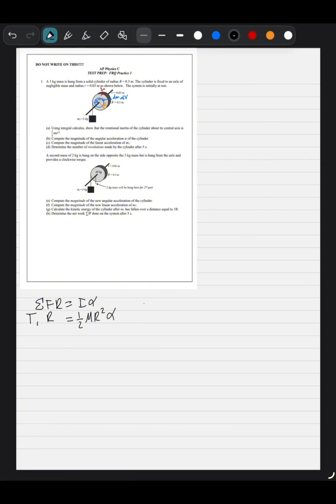We can find tension by doing Fg minus T1 equals M1 A. We can expand Fg by doing M1 G. And because we're trying to find T1, we'll isolate it, and we can plug it back into our original equation.